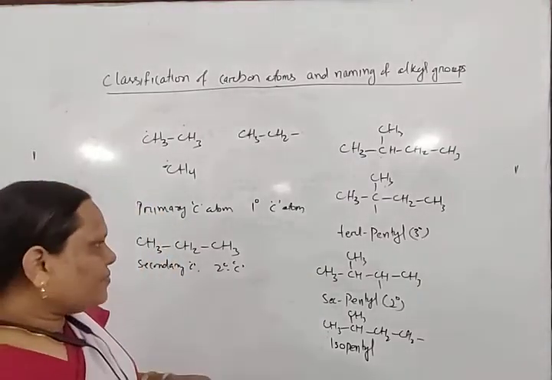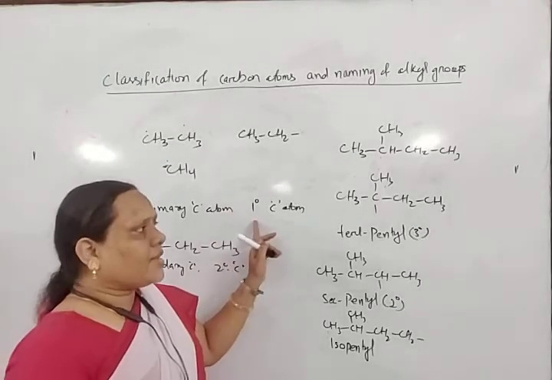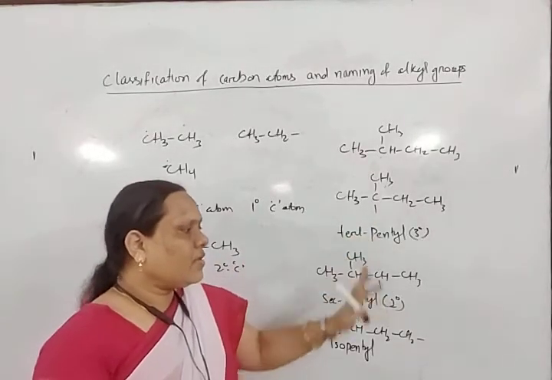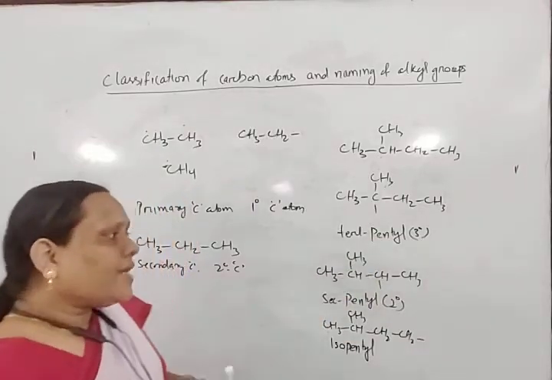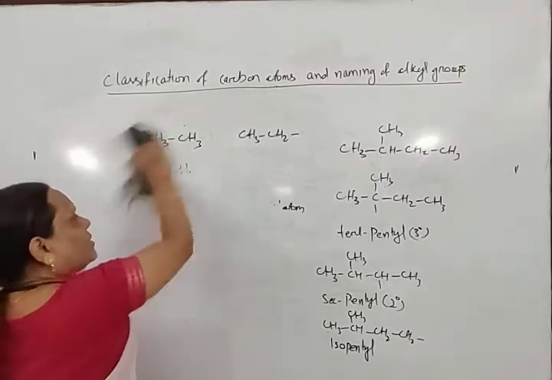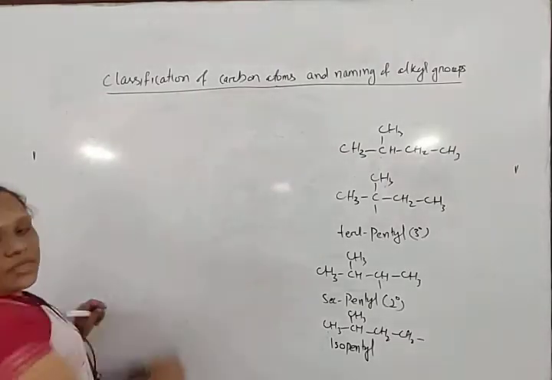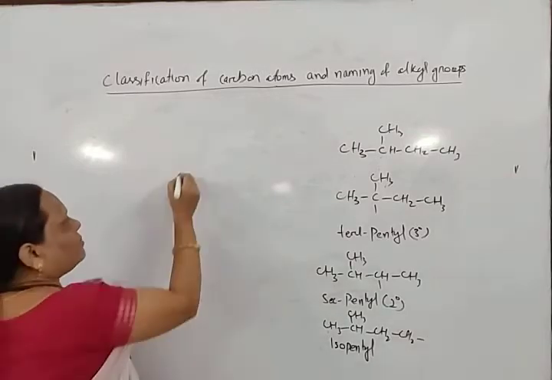Okay, now I think it is clear what is the primary carbon, what is the secondary carbon, and what is the tertiary carbon. Next, what is the quaternary carbon? If a carbon is directly attached to four other carbon atoms, that is known as a quaternary carbon atom.